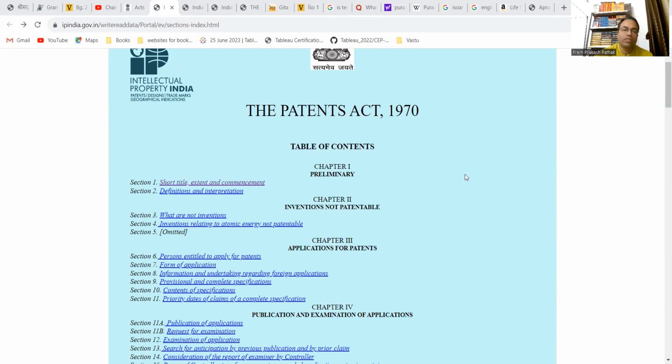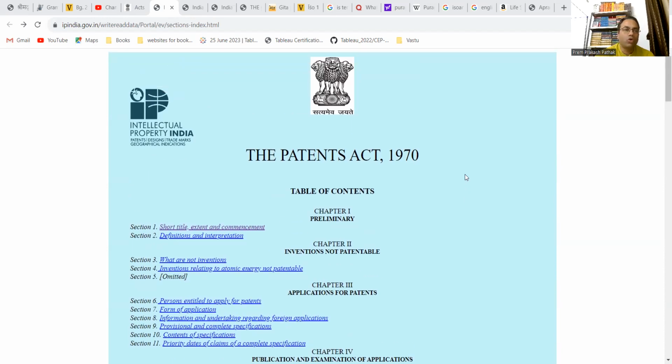So the first thing that we need to do when we start preparing for the exam is to memorize this first page. You can open this page online. It is easily available. If you go to ipindia.gov.in, this website is there. You can see and read this.